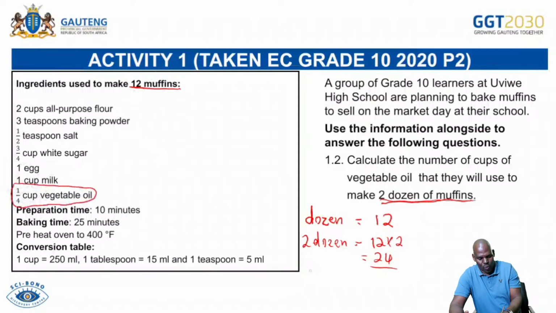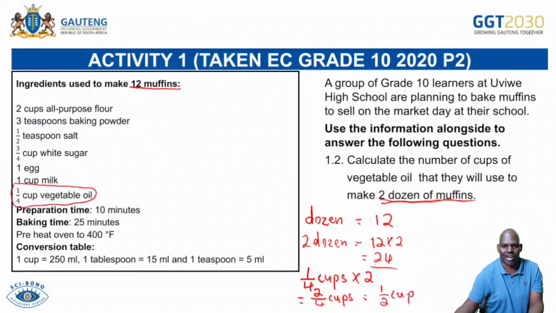Then we say 1/4 cups we multiply by 2. Then this will give us 2/4 cups, and we know that this is equal to 1/2 cups. So it's actually half of a cup.